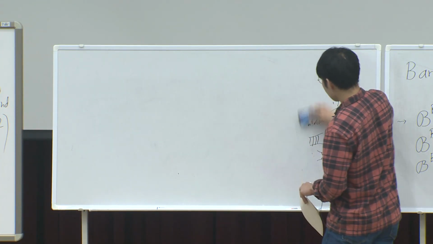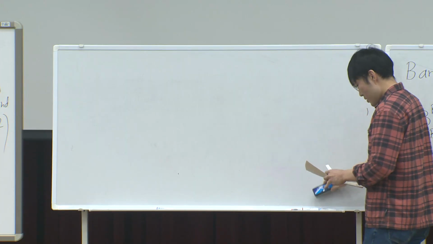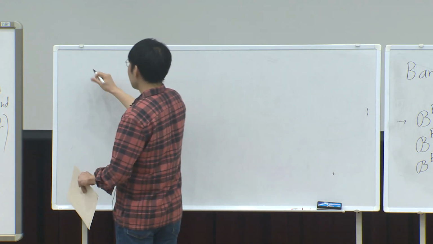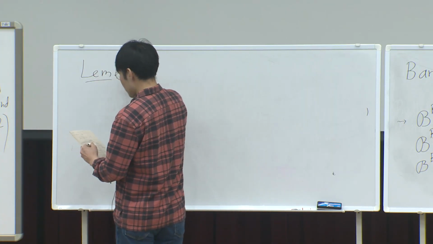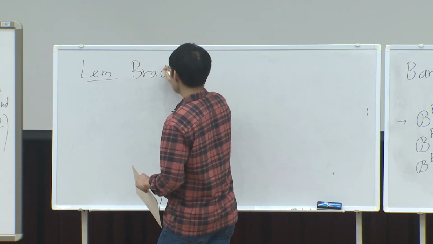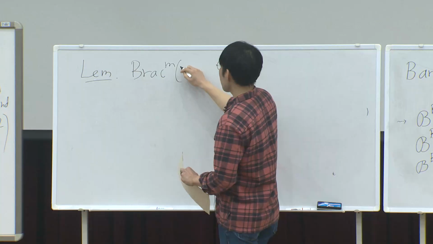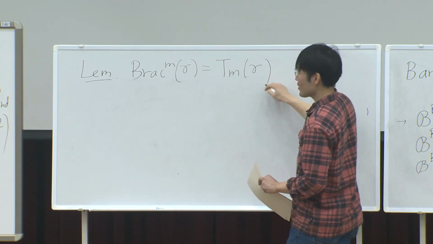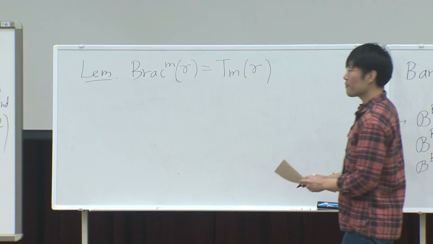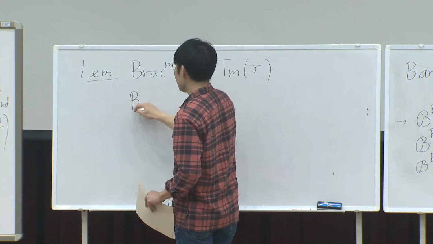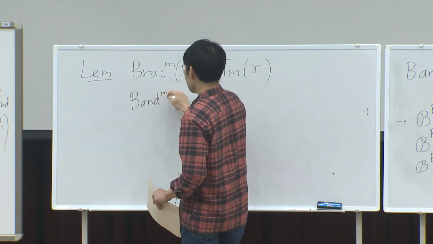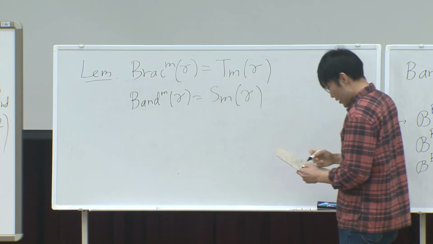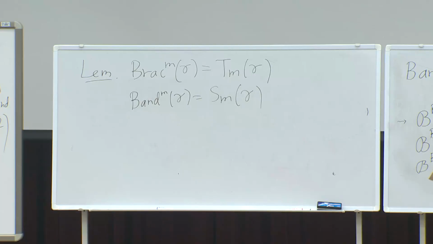If you are bored, you can try to prove that. So the lemma is that the bracelet, that is the m times winding around, is just putting gamma into the Chebyshev polynomial of the first kind, and the band is putting gamma into the Chebyshev polynomial of the second kind.